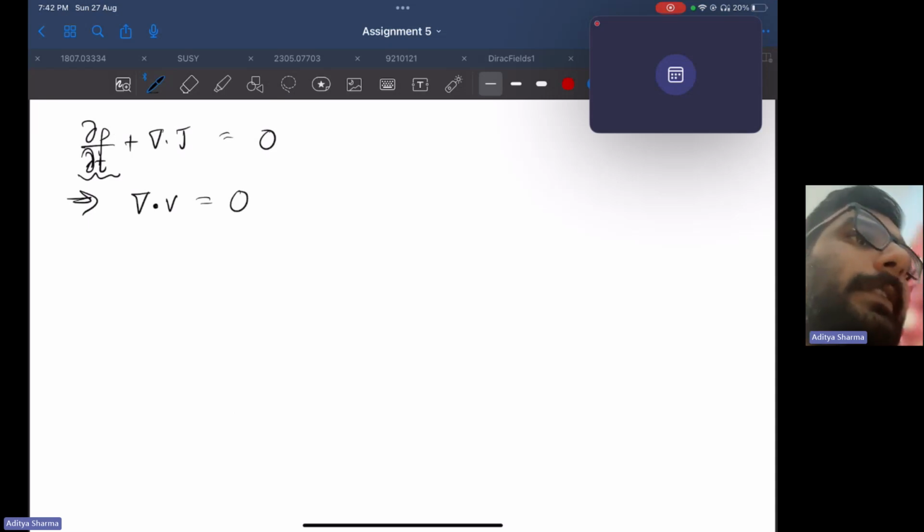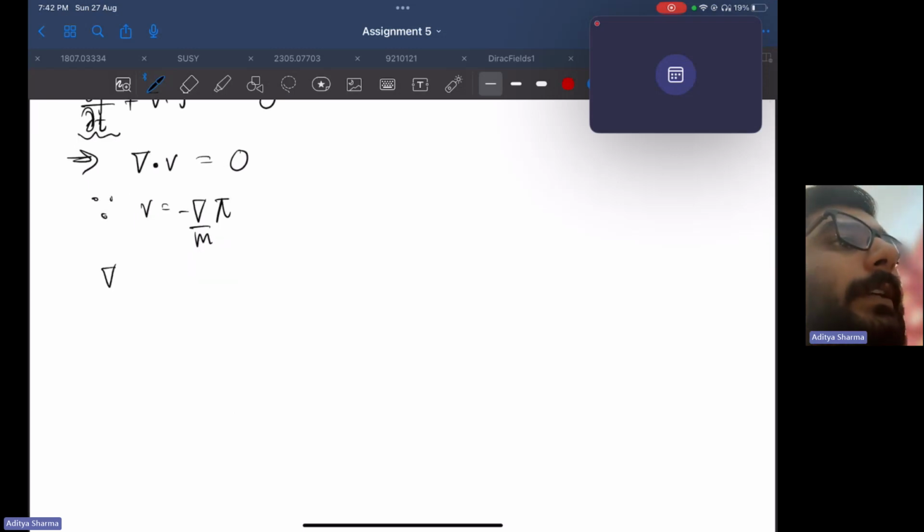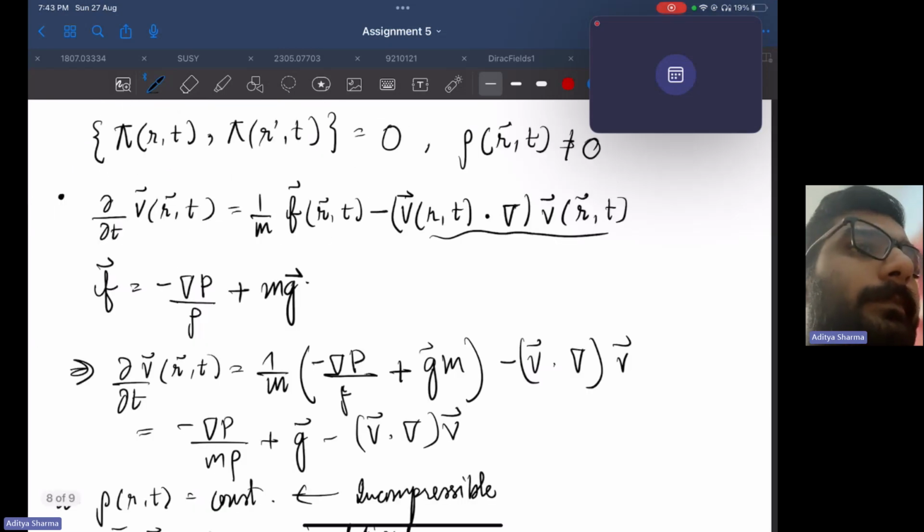So we have this equation and v can be written as some gradient, right? Because the fluid is irrotational. Since v is the gradient of some potential, we are going to have del square phi is equal to 0. Okay.